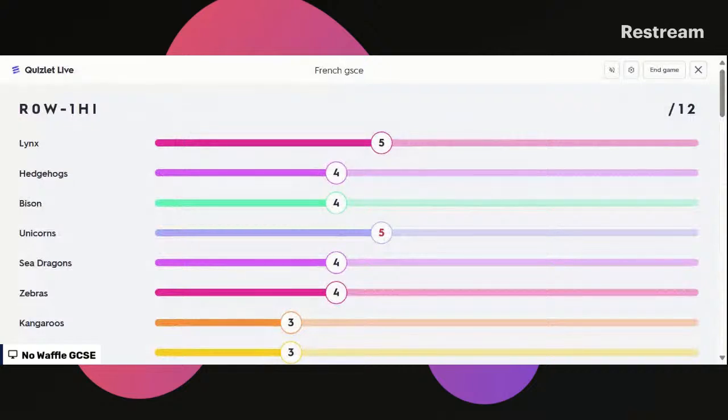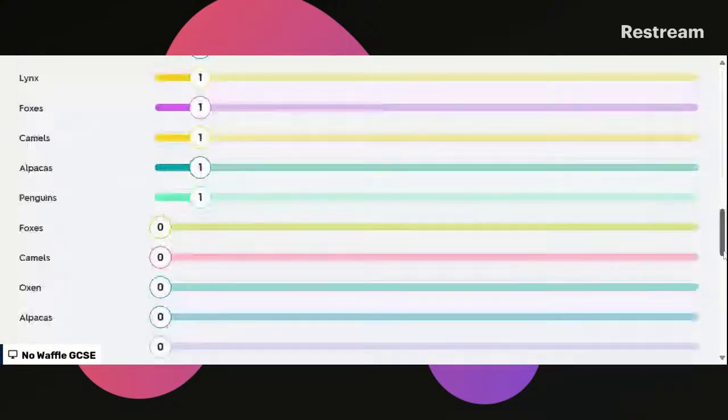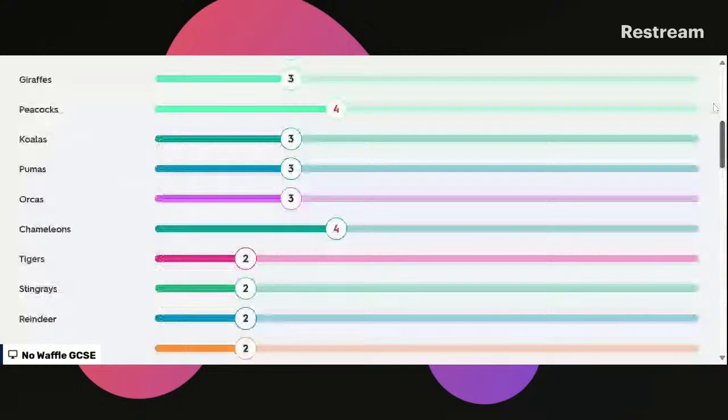Has the game frozen for you because it's just frozen on the screen? Oh, has it ended? Why is it? I think because there's a lot of you on there. It's literally not working. Maybe I'll reload it.